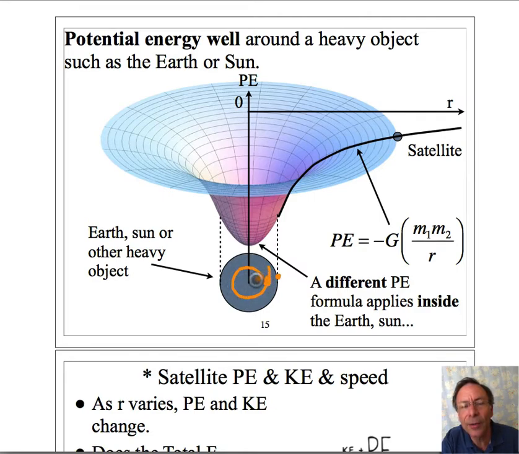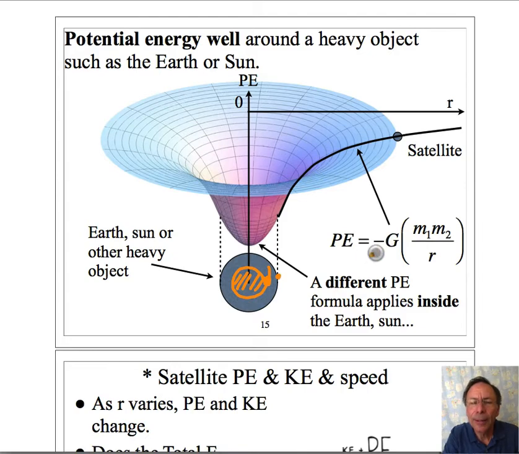Let's say you're here underground. Now it's just the mass of the Earth like that. So anyway, we don't care, right? Satellites don't go underground. Bottom line, this is the potential energy of a satellite as it orbits around the Earth.